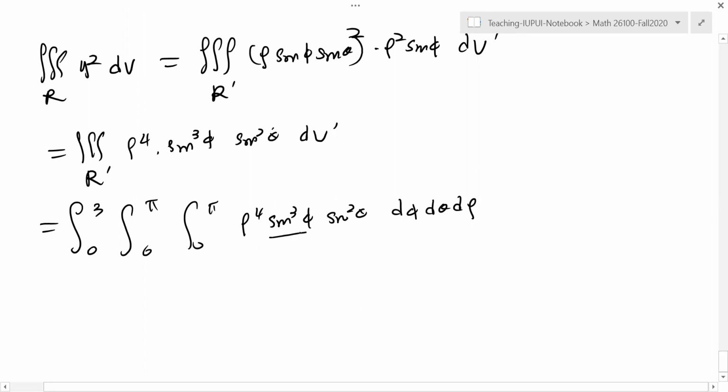It's about phi, so what is the integral from 0 to pi? How do you do that? Well, we have to do it this way. It's sine squared phi sine phi d phi.